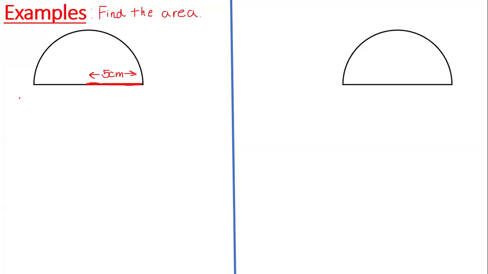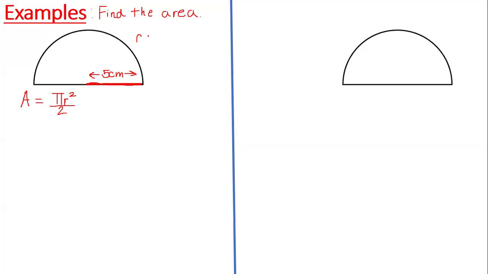The area is equal to pi r squared divided by what? Divided by 2. Yes.